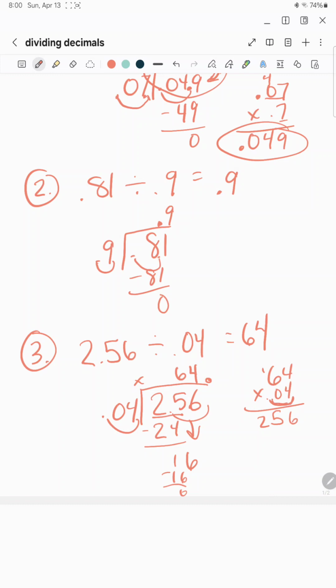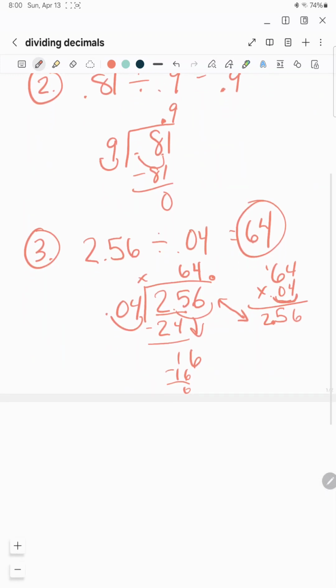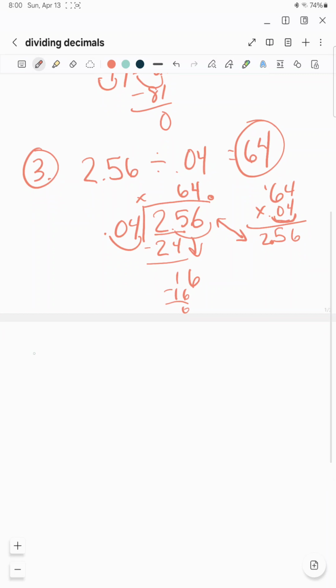So 2. So I have to move it over 2. So 1, 2. So our 2.56 matches our 2.56. So 64 is correct. I had no idea that would work out equally, but it worked out well.